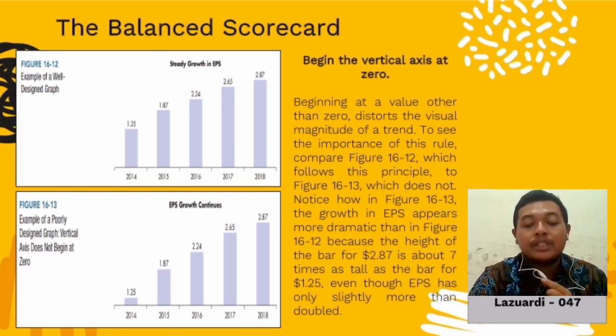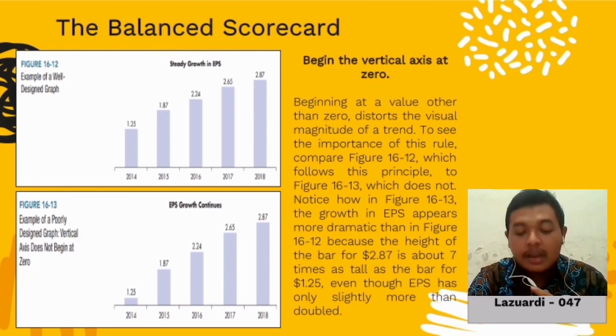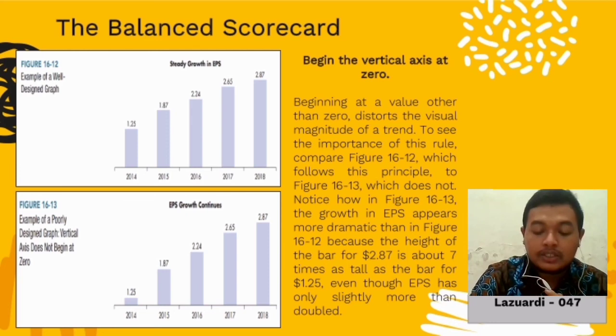Next we will discuss the principles of proper graph design. Well-designed graphs make it easy to identify and understand trends and relationships. Poorly designed graphs, however, can impair decision making by misdirecting attention, hiding important changes in the data, or causing erroneous initial impressions.